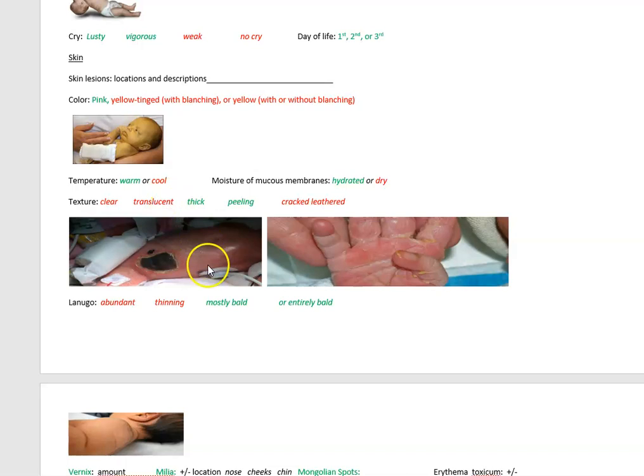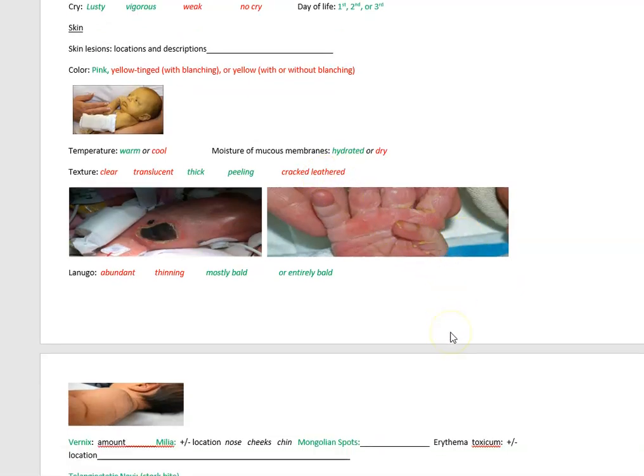Translucent is a little thicker than clear, but definitely not thick. Thick is good. Peeling is okay because that means that they're term, but cracked and leathery, and you can see how this baby is cracked and leathery and it's peeling really badly, would tell you that this was a very post-term baby.